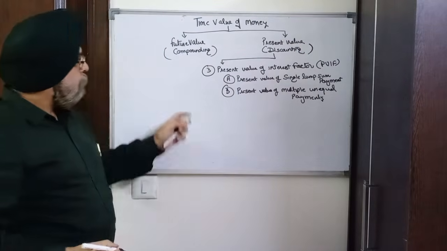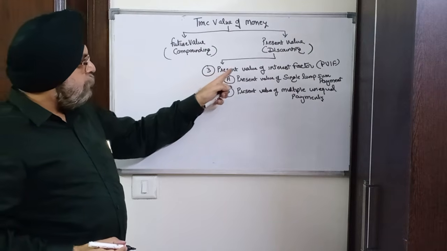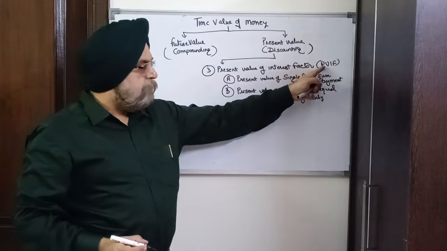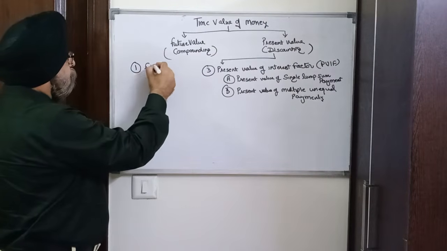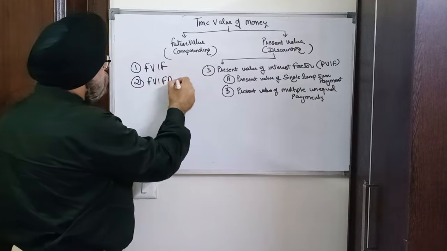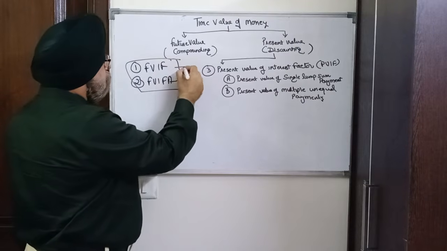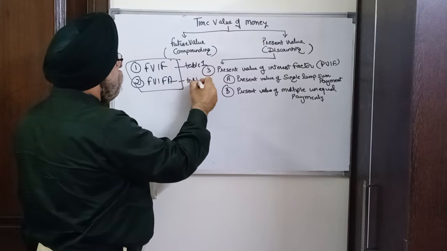And in discounting, the third thing which we are going to learn is about present value of interest factor, PVIF. Initially we did FVIF, second FVIFA. These are the two things which we have done. Table number 1 we have used, in this table number 2 we have used.